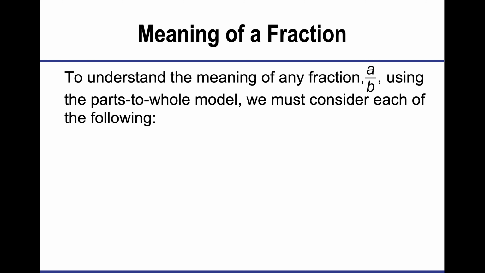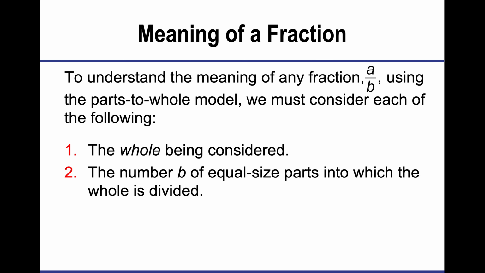So to really grasp this, we want to reframe how students think about fractions. We want to start thinking about fractions as parts of a whole in a model. And to do that, we must consider that there's a whole being considered here. There's some whole portion or big thing that we're looking at.